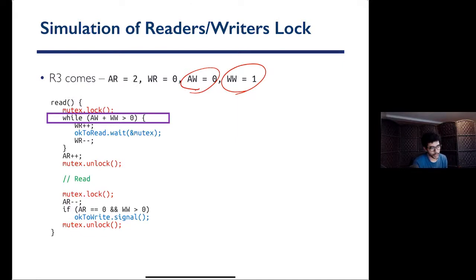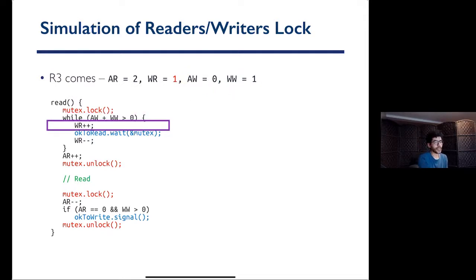So although there are no active writers and it might be safe for this reader to go, because there is a writer waiting, we're not going to allow R3 to access the database. We make R3 wait. Now we have a waiting reader, and it goes to sleep. It calls OK to read dot wait.